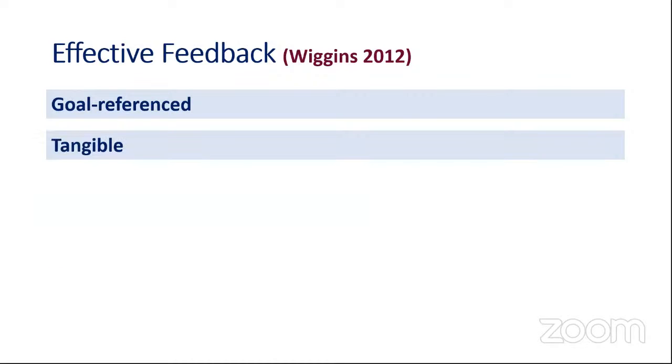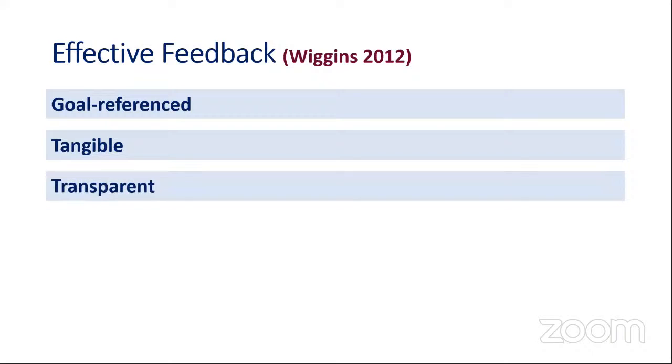We need to keep the feedback tangible, something to do, something to act upon. We should give clear instructions for them as part of feed up or feedback or feed forward, in case we give this directly, blended, or online. We need to keep feedback transparent. It's clear for all students to act upon, to learn from, to take actions based on what we deliver.